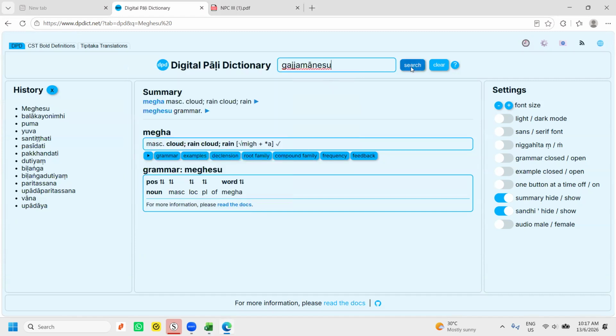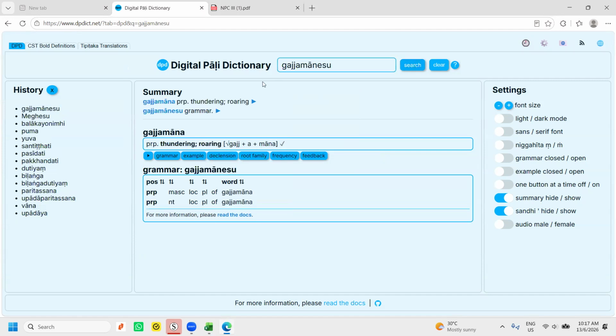So this means cloud plus thundering or roaring. So thundering or roaring. Okay, now, this is a present participle.